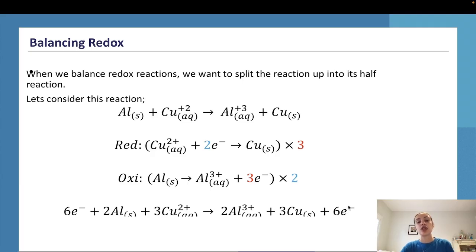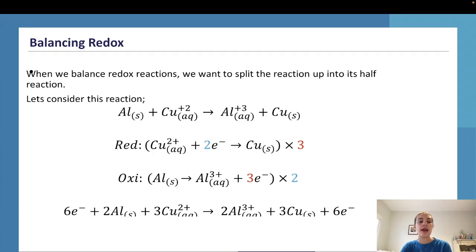And so now we just want to check that we've balanced it correctly. We can see we've got 6 electrons on each side, which we can actually cancel out, so we don't need to specify that they're both there because there's no actual net change between each side.